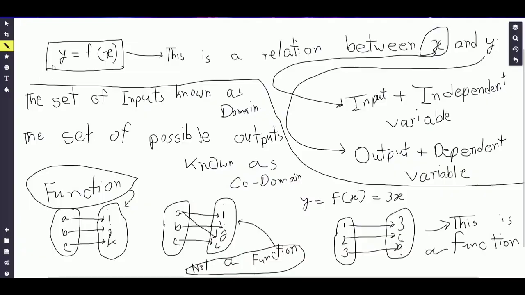Let me explain. Here we can see y is equal to f(x). This is a relation between x and y, where x is considered as input and y is considered as output. As this is a relation, the values of y depend on the values of x. So we can say that x is the independent variable.